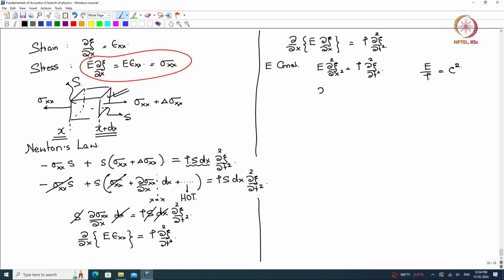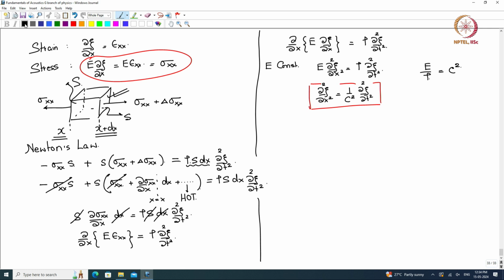Okay, so I get ∂²ξ/∂x² is equal to 1 over c² ∂²ξ/∂t². Okay, so this is exactly the same form as the transverse waves on a string.